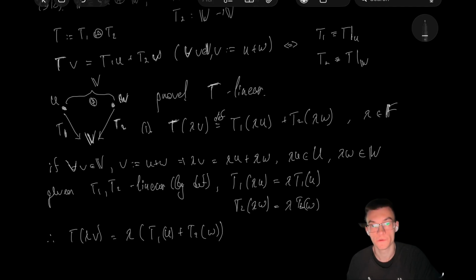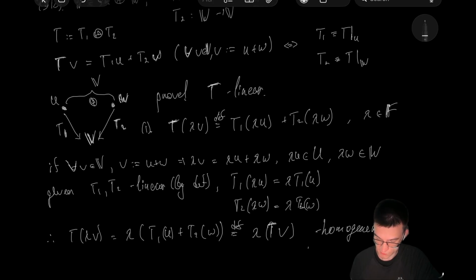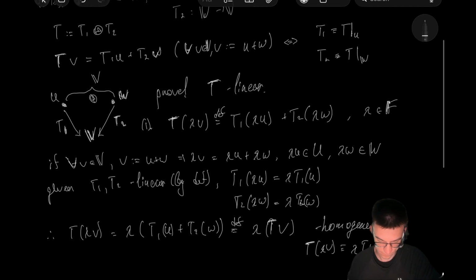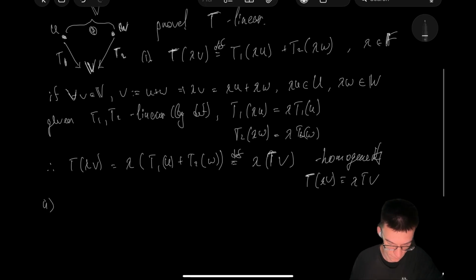Because of the left distribution property, we can factor this scalar field value, and then we have lambda times Tv by definition. So this is the exact homogeneity, since our T lambda v equals lambda Tv. Homogeneity is proven.